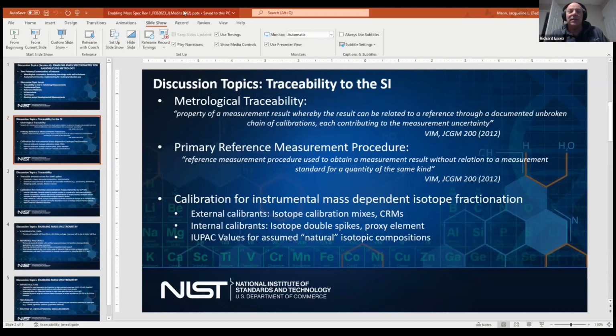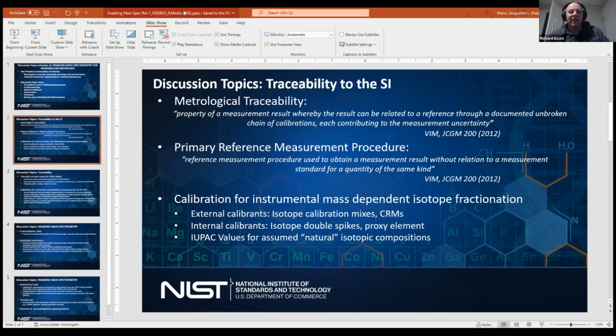For instance, using external calibrants is, as Jackie mentioned, sample standard bracketing, which is primarily what's done for thermal ionization mass spectrometry analysis. Although, as was mentioned yesterday, there are other techniques like total evaporation and modified total evaporation, which try to minimize the need for a correction, but they don't necessarily eliminate it. There's still some remnant bias in these measurements frequently.